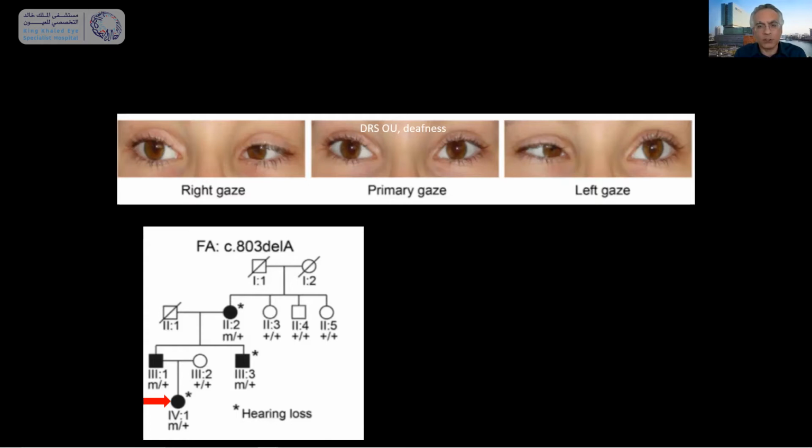Again, most Duane syndrome is not from gene mutation, but the most common gene mutation that causes it is a mutation in this gene, MAFB. This is another transcription factor responsible for formation of the sixth nerve nucleus, and depending on the mutation, it also causes hearing loss. It's responsible for approximately 1% of Duane syndrome cases.